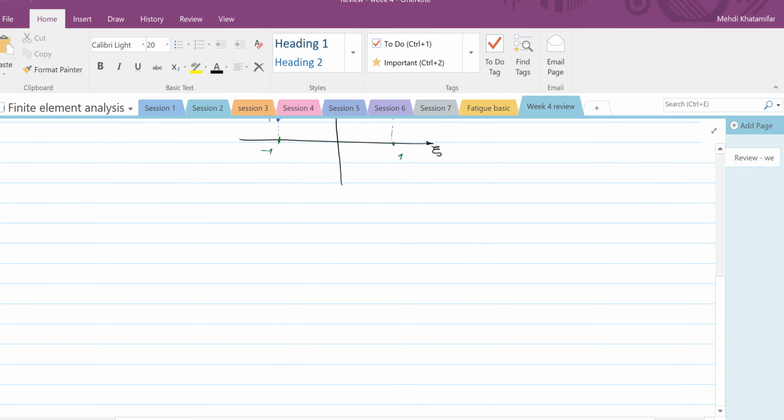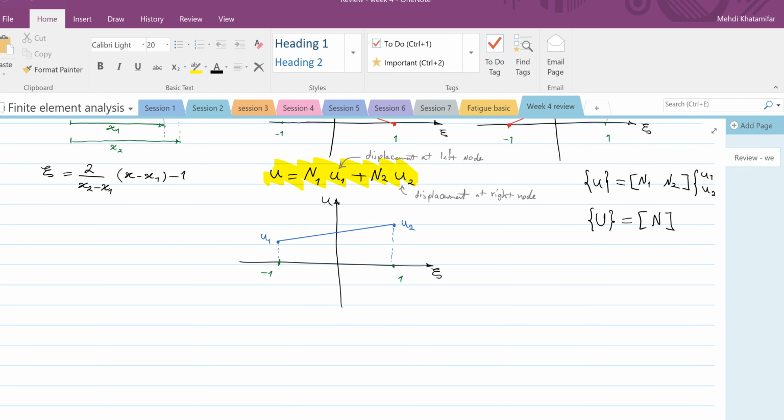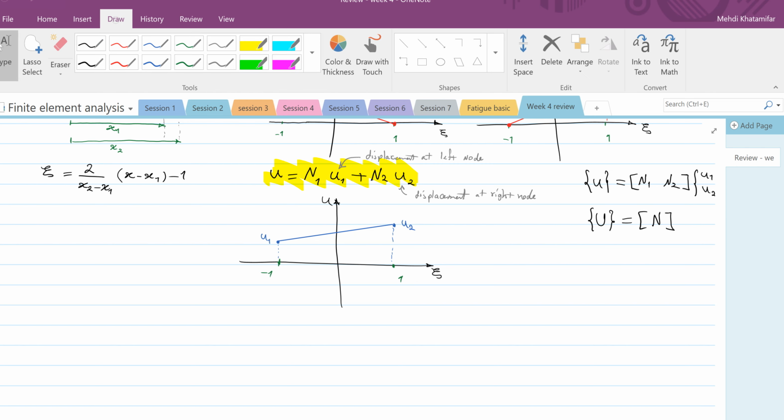So remember this formula for displacement inside one element, which I colored yellow. I also said using this similar formula, we can find any x or position inside the global one.